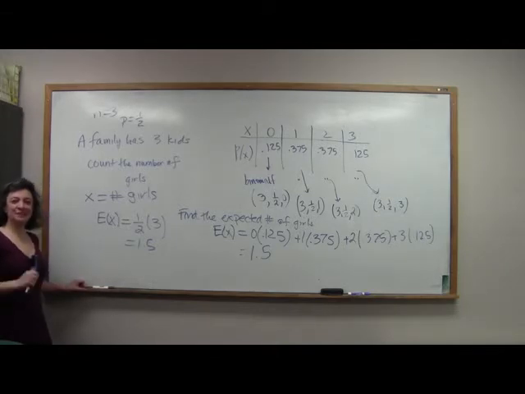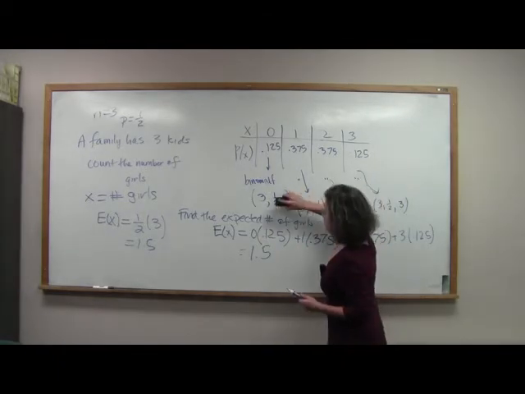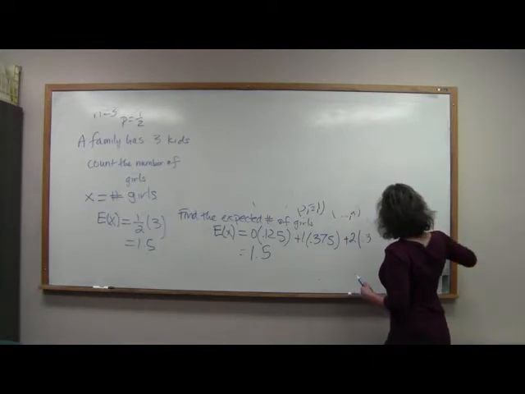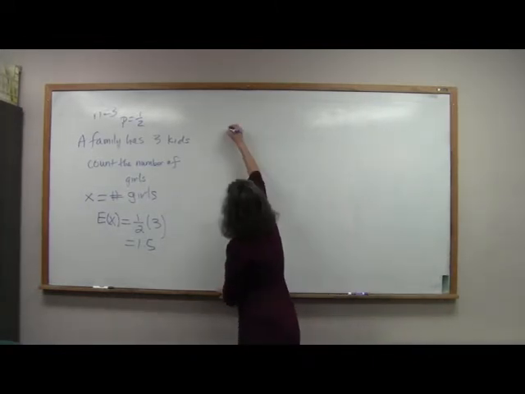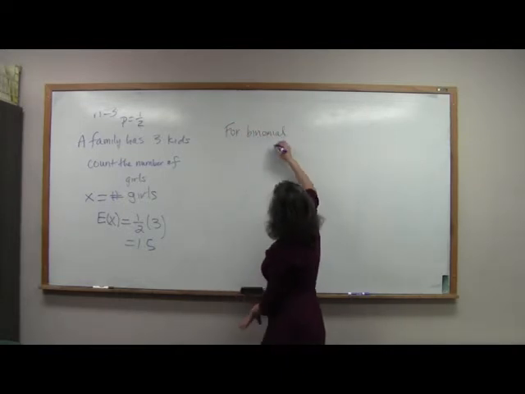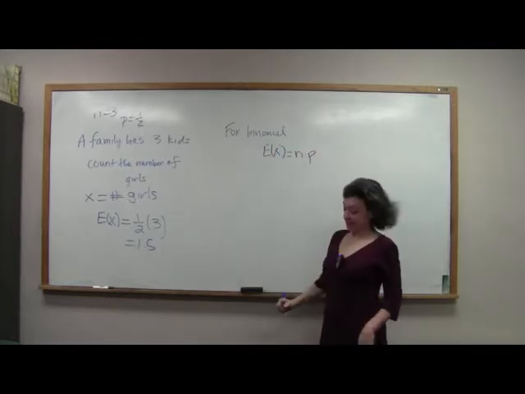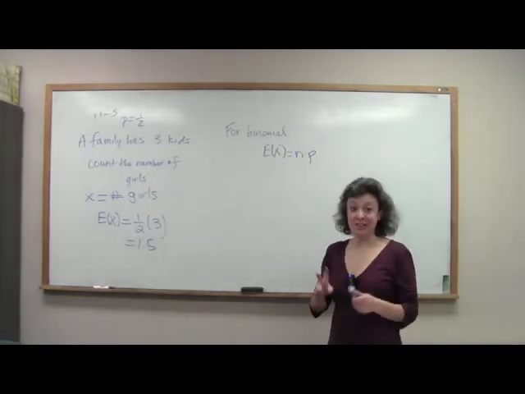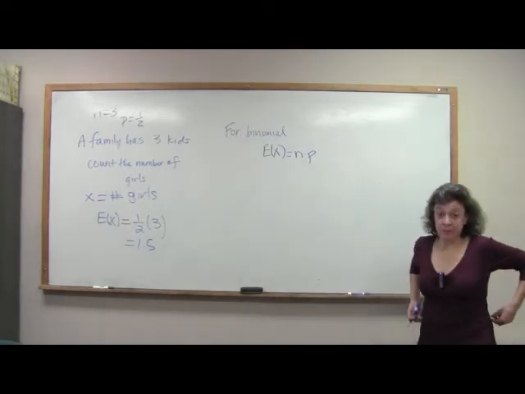It sure is. So, really cool thing, going back to our binomial, and this is for a binomial scenario only: your expected value is n times p. So you don't even have to make a distribution table if you recognize that it's a binomial distribution.